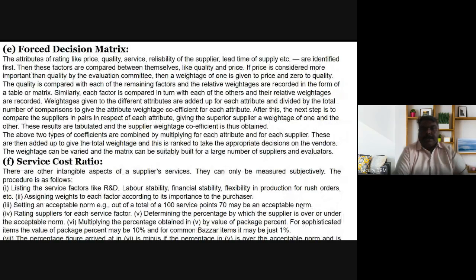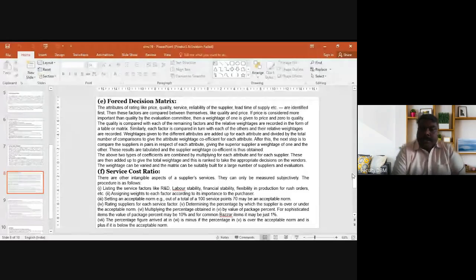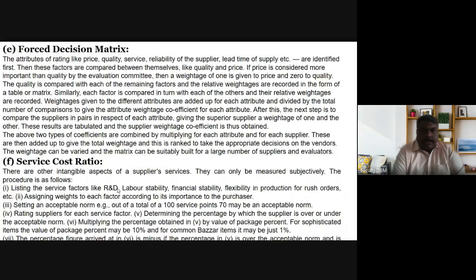But here in the service cost ratio, they are going to define where the costs involved in services are, like R&D, research and development cost, labor stability, financial stability, flexibility in the production of rush orders, and assigning weights to each factor according to importance to the purchaser.